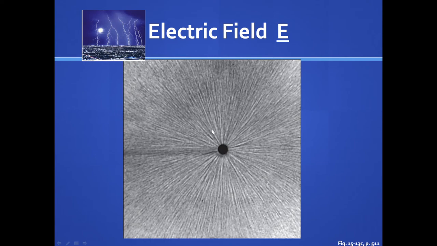Historically, what scientists would do is they would put a test charge in that area. So if this is the area that we're testing, they would drop an electron right in the middle there. They know this field exists, and they just put an electron in that little zone to see what happens to it. That electron is a test charge. We are literally testing to see what happens to that charge.